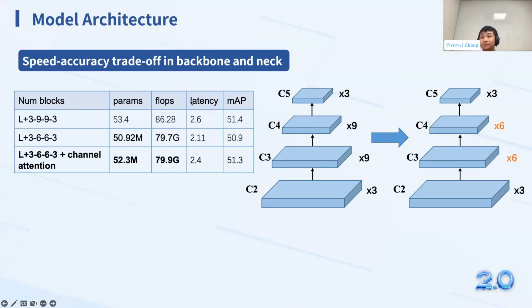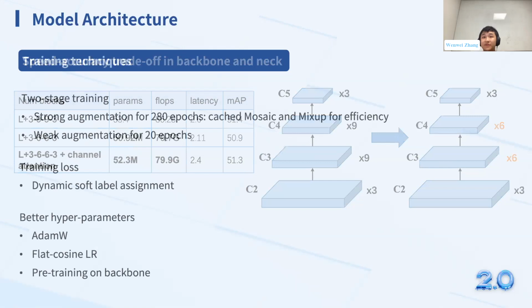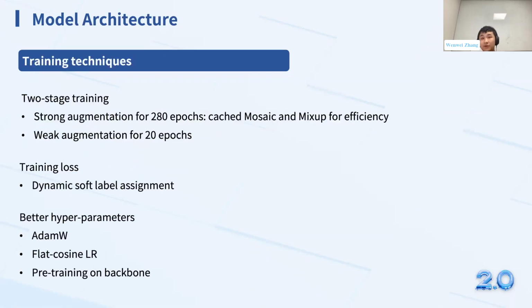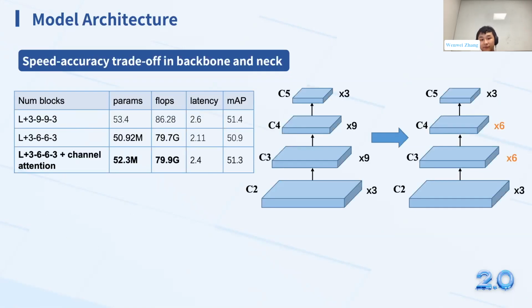As you can see, we modified the backbone to reduce the number of blocks in the C3 and C4. There are also many kinds of design details of the model architecture, and you could refer to the code released in MMDetection.